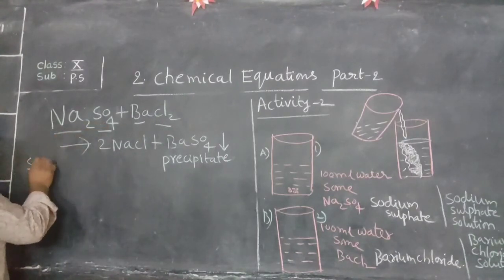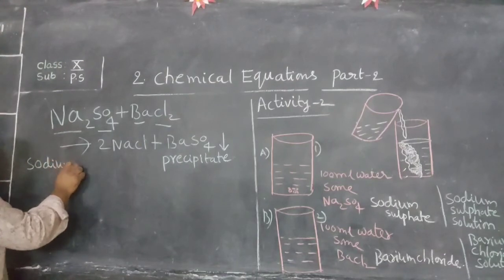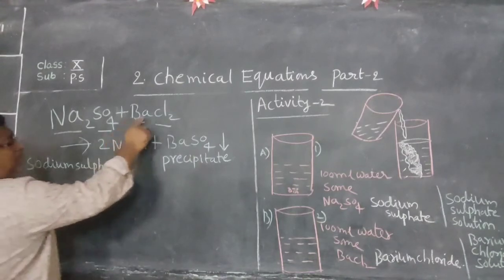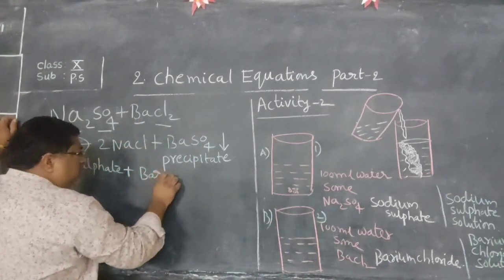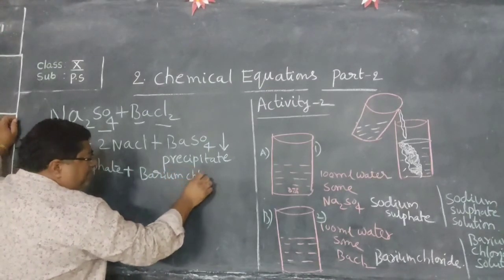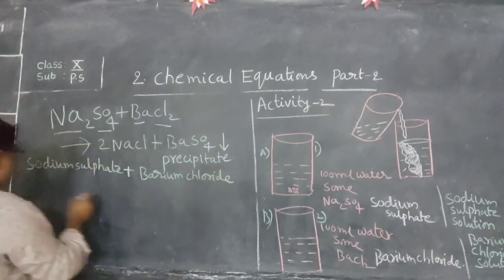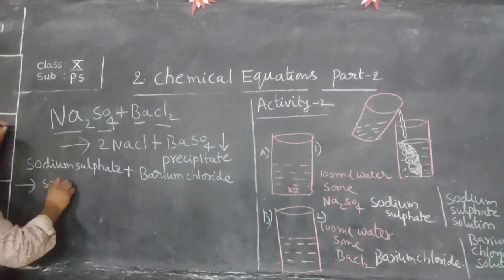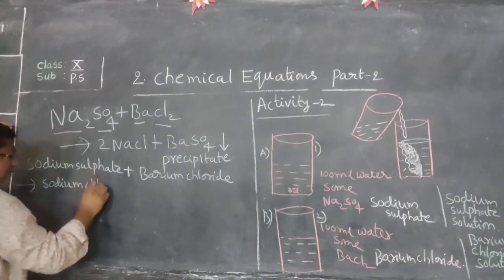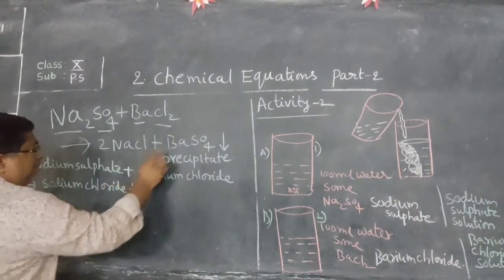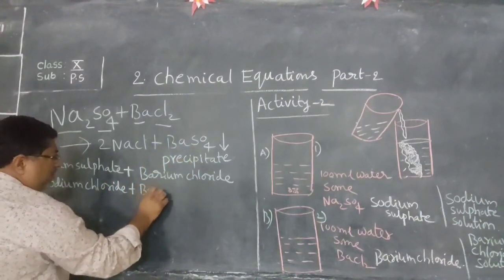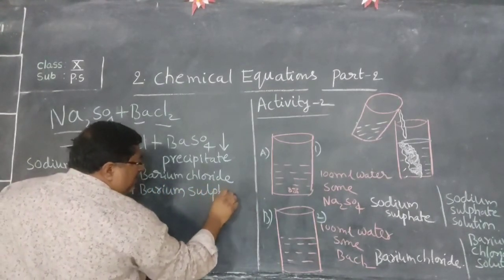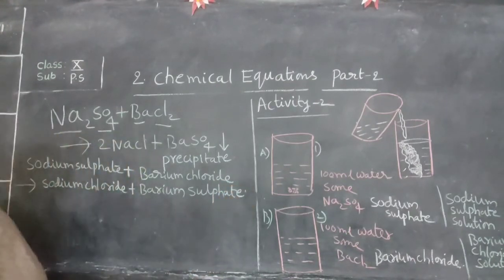Na2SO4 means sodium sulfate, plus barium chloride, gives rise to NaCl, sodium chloride, and barium sulfate.